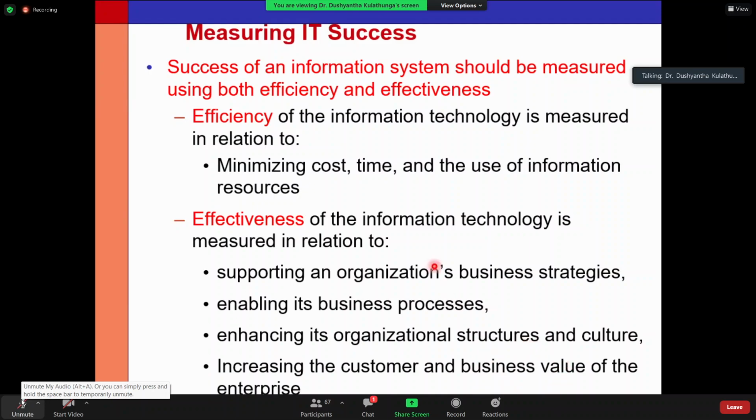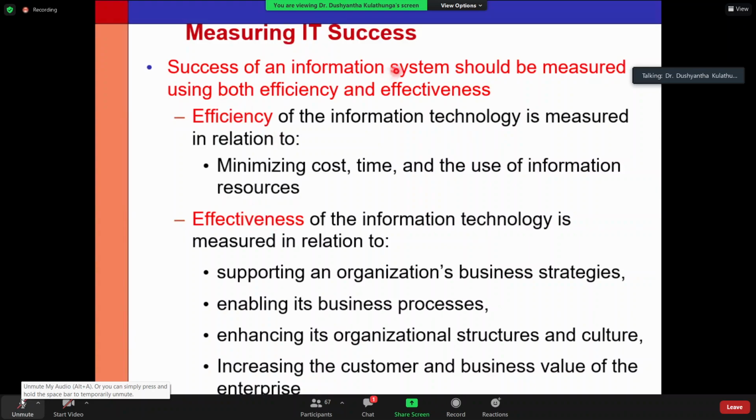So if our information technology investments help us to improve the business value, which may be measured under different dimensions like customer value, the economic value of the business, the employee value, stakeholder value, and so on, then we can say that the particular investments are effective.